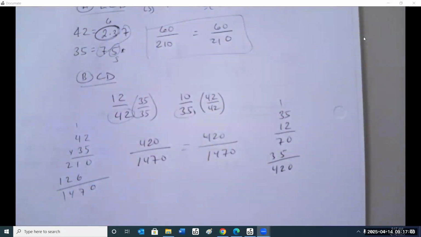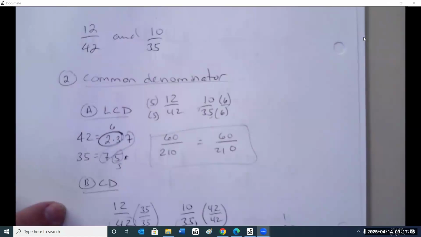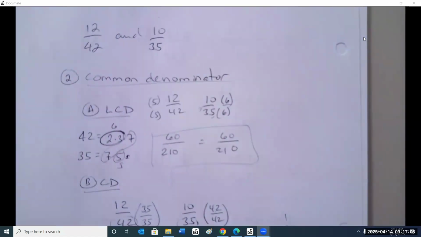So those are different methods. You can find the LCD or just multiply the denominators, because all we're doing is saying, are they equal? So that brings us to the theorem.